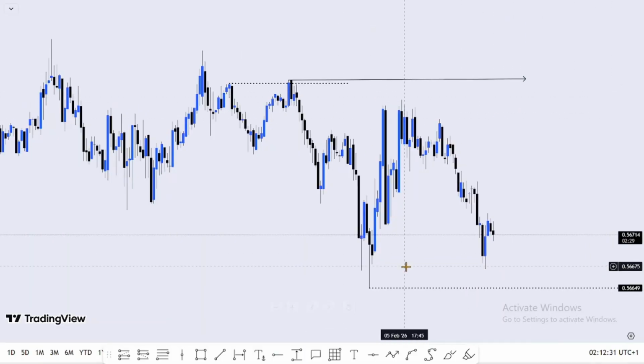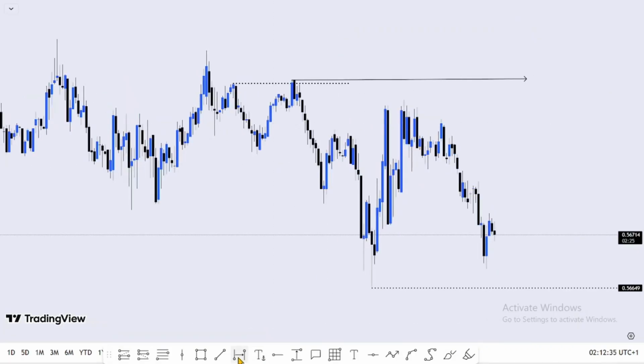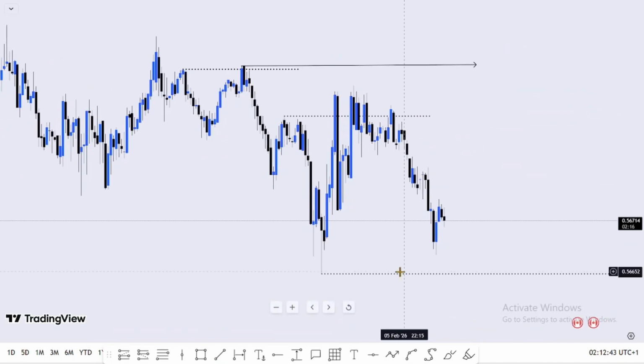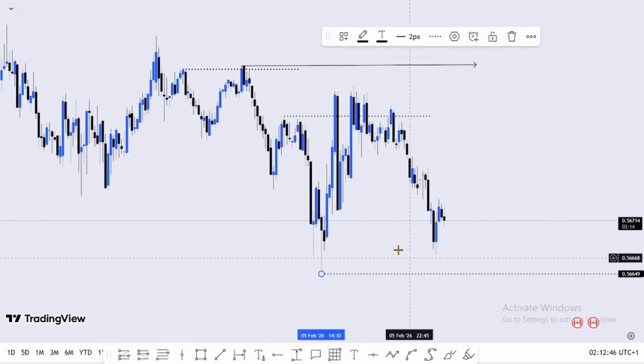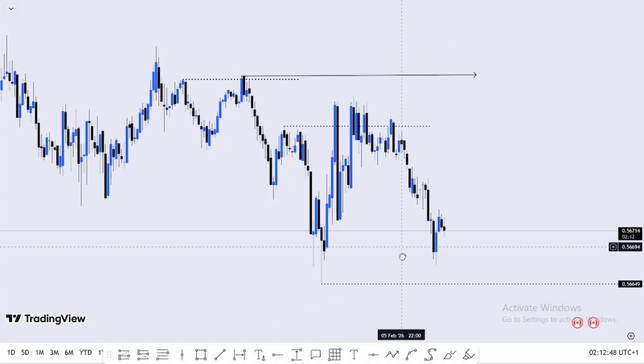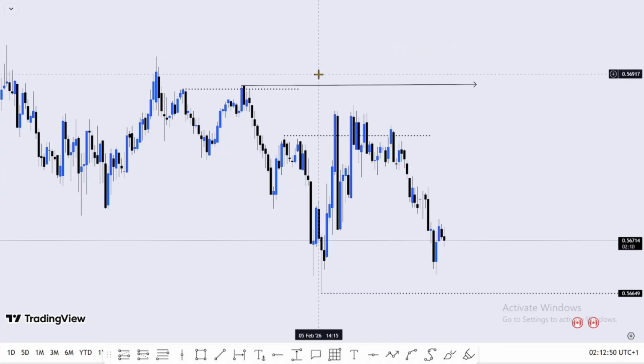Now, what do we have here? We actually have our structural liquidity at this point. So when price takes out structural liquidity, we are expecting a continuation toward the next draw on liquidity, the external of the range.